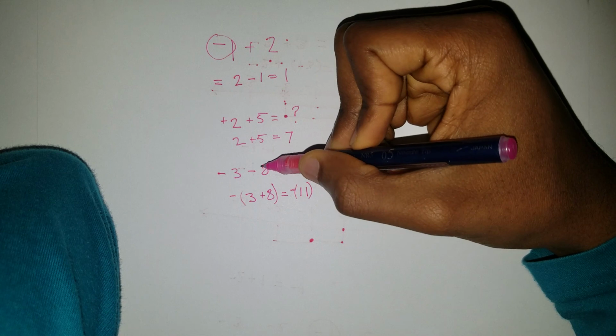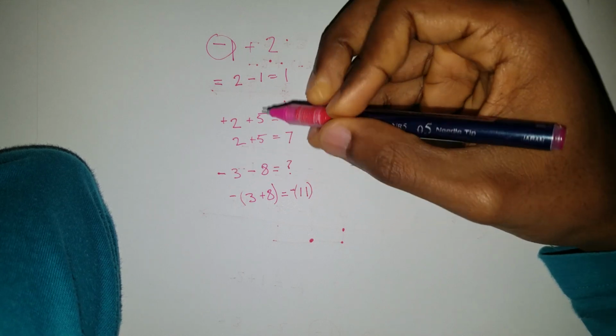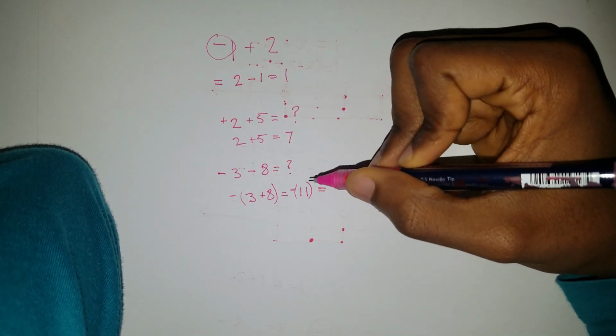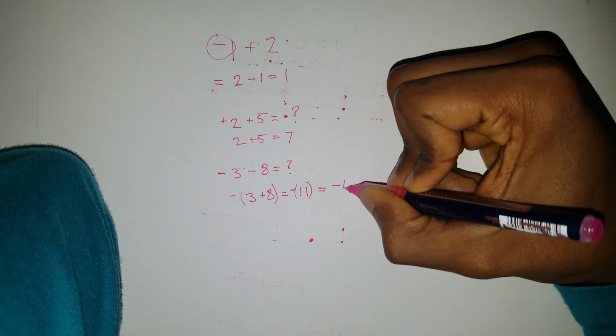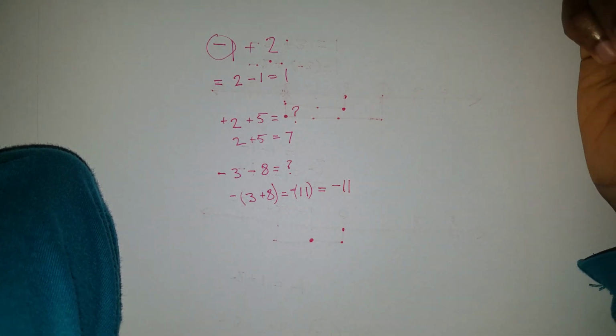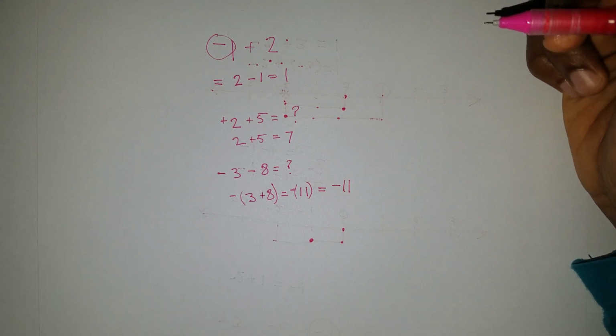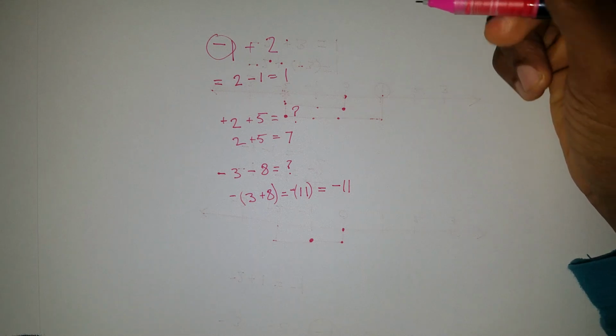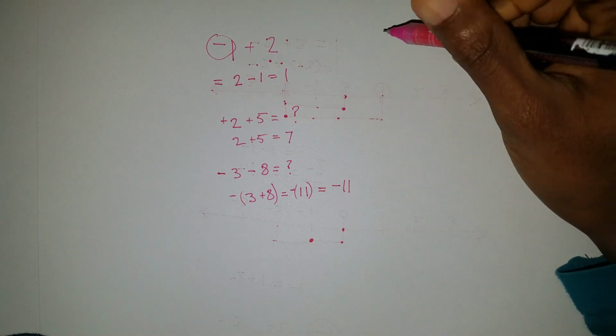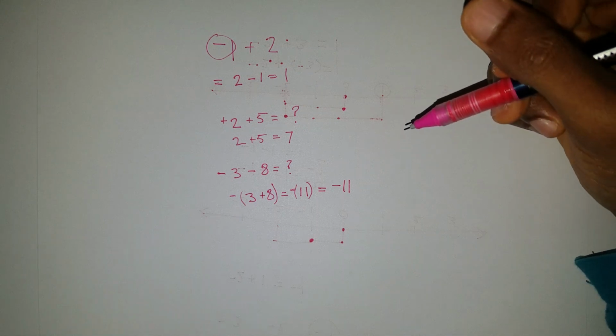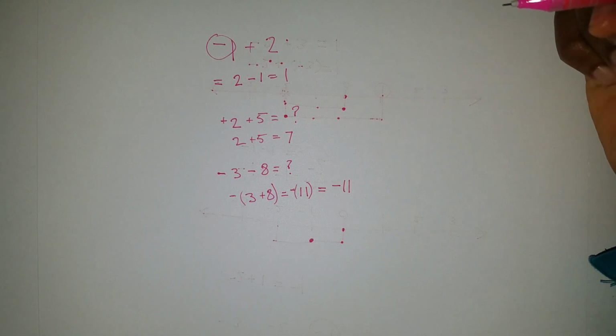We then see that both have negative signs. So -3 minus 8 is equal to -11. This is one case, several cases in fact, in which we've shown how to add and subtract without using a number line.